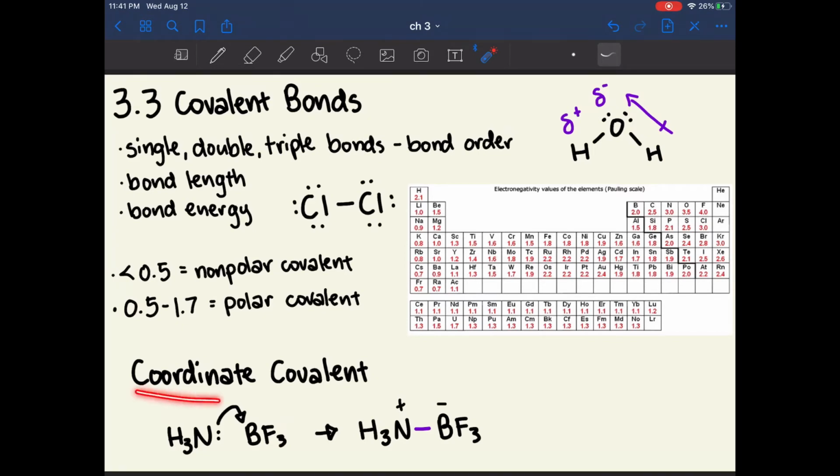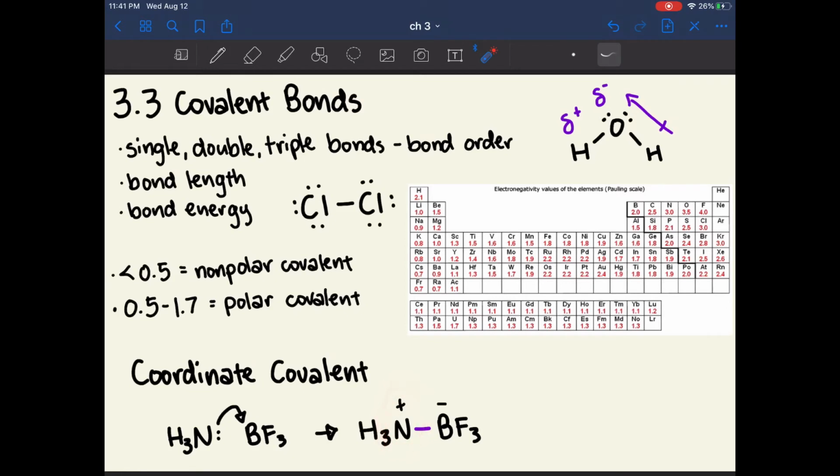Another type of covalent bond is a coordinate covalent bond, which we talked about earlier, and this means that both of the electrons used in this covalent bond come from one of the atoms. So in this case, nitrogen is giving both its electrons to boron, which forms a coordinate covalent bond here.